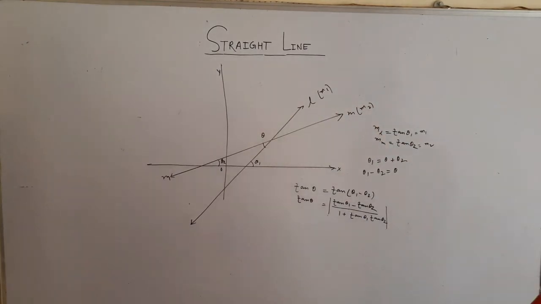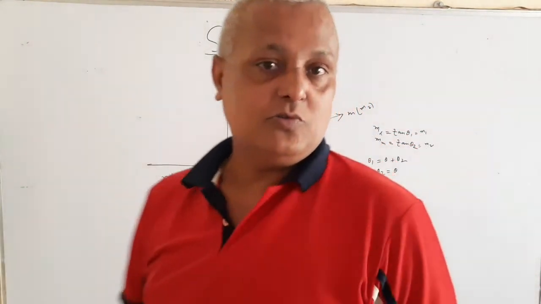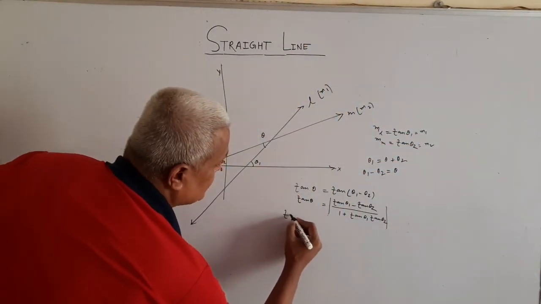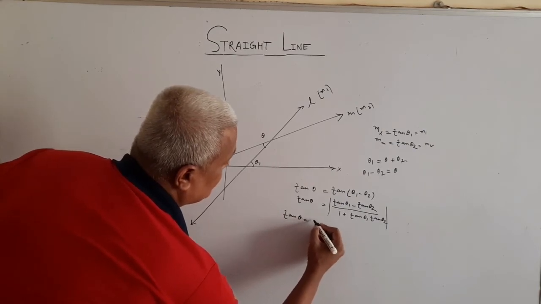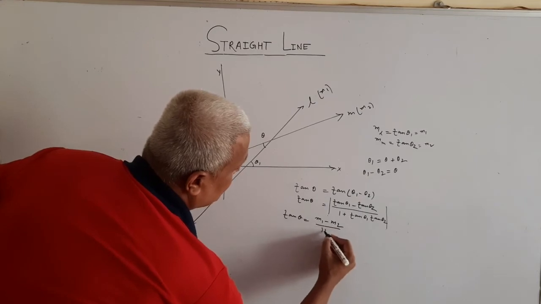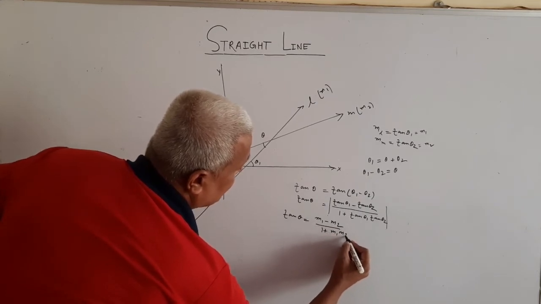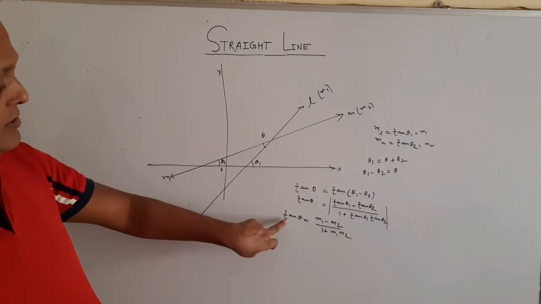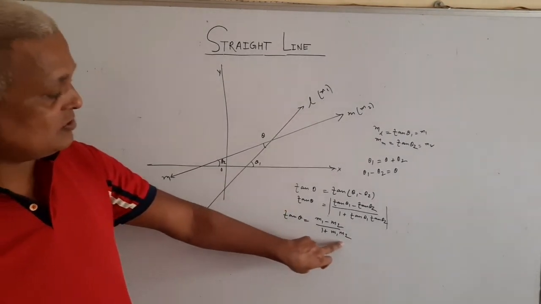So here what you will get is tan theta equal to M1 minus M2 upon 1 plus M1 M2. Is it clear? Is it seen properly? Everyone understood this one?